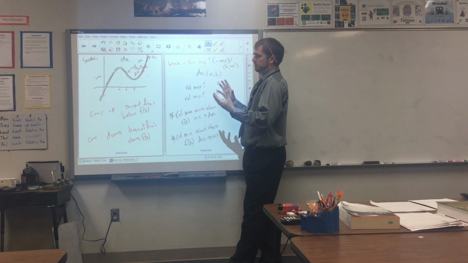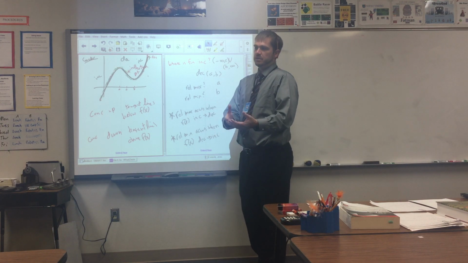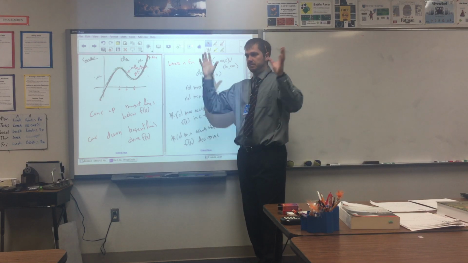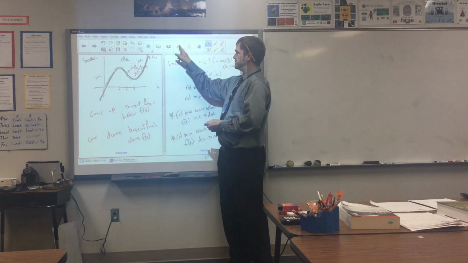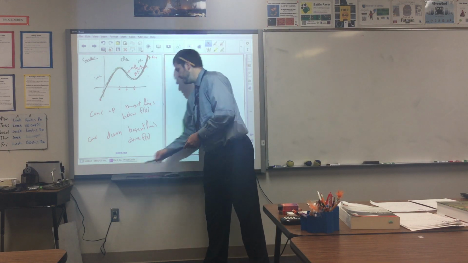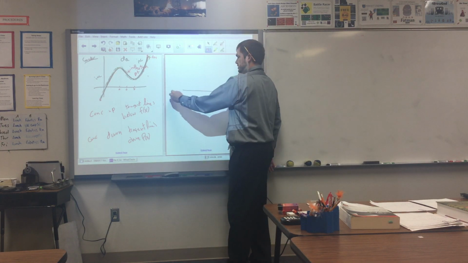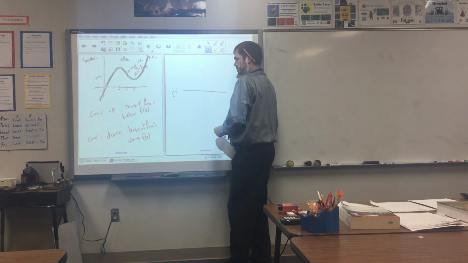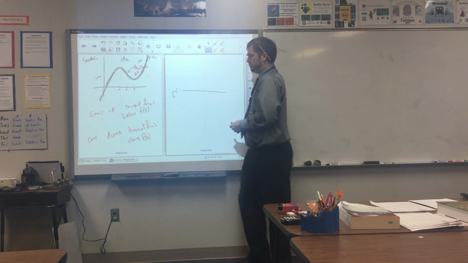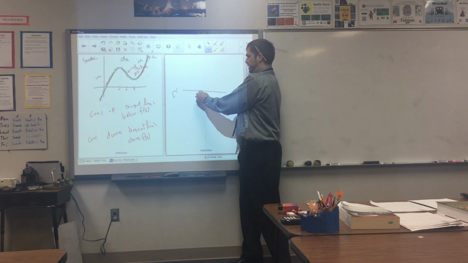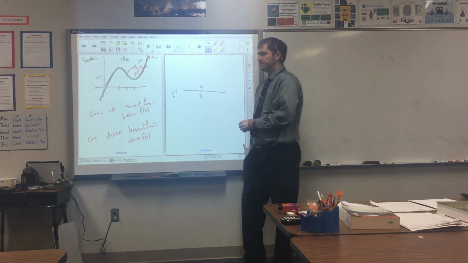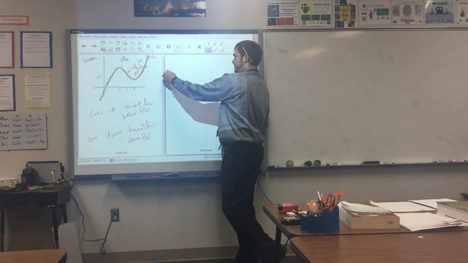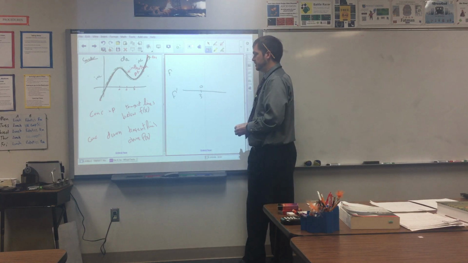And now being able to apply those looks a little bit differently, but we do something called a sign chart. So on the first problem we had f prime, and let's say that at 3 the derivative is 0, and we want to find information about the original function.